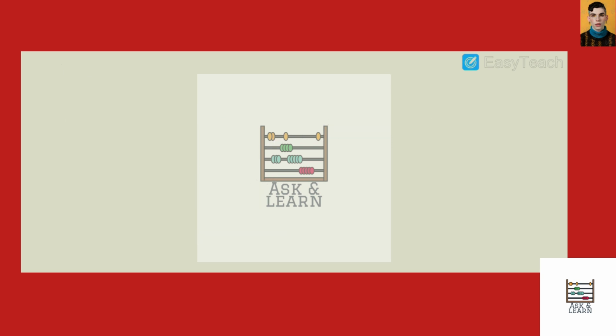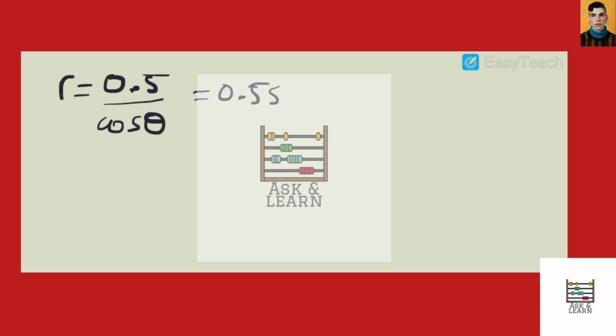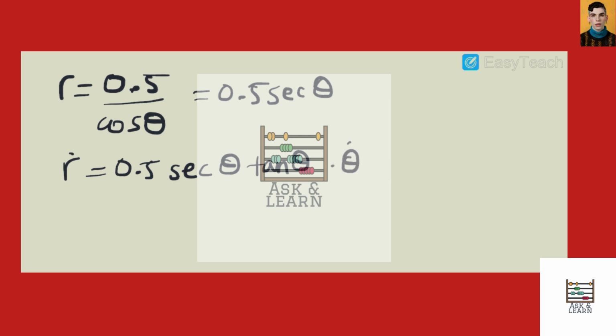So what we can do first is solve for our r dot and r double dot. So we know that r is equal to 0.5 divided by cosine theta, which is just equal to 0.5 secant theta. Therefore, we can say that r dot is equal to 0.5 secant theta times tangent theta times theta dot.